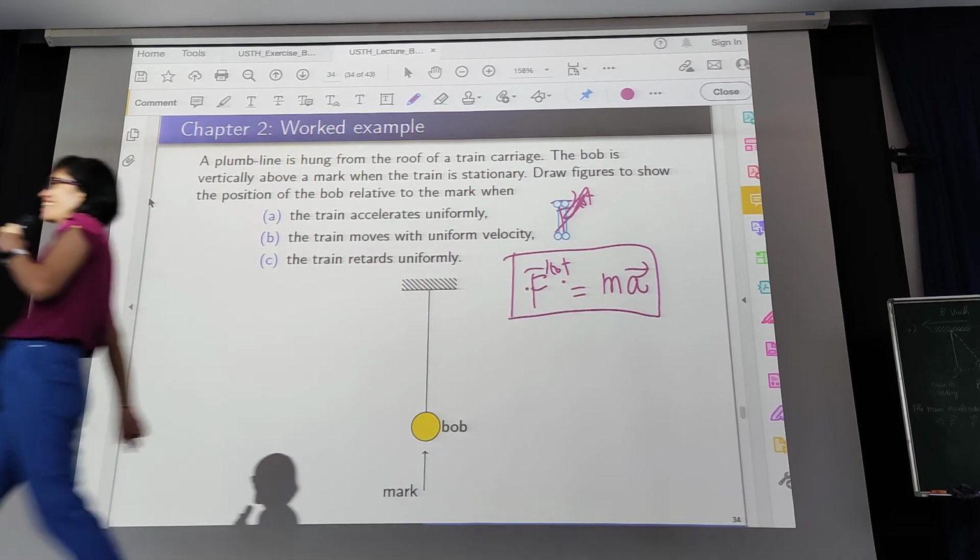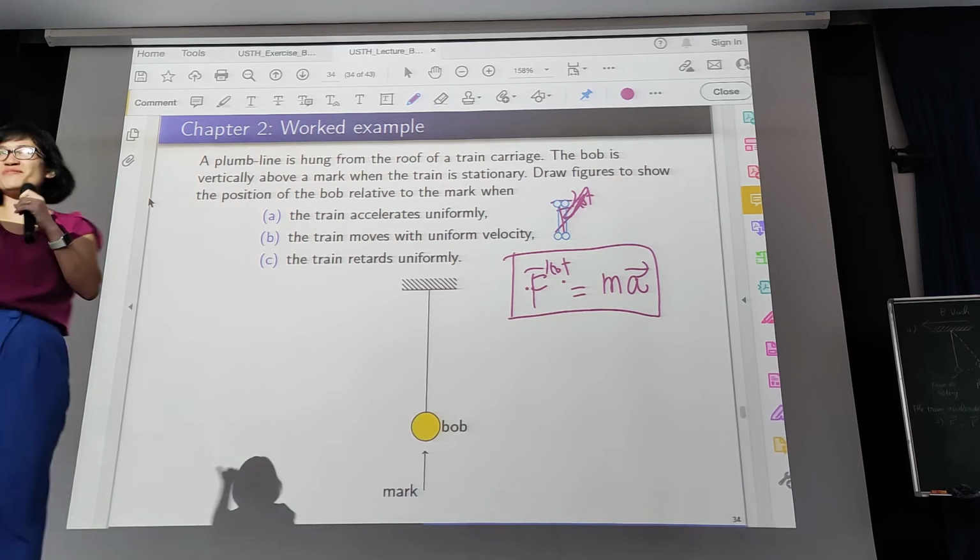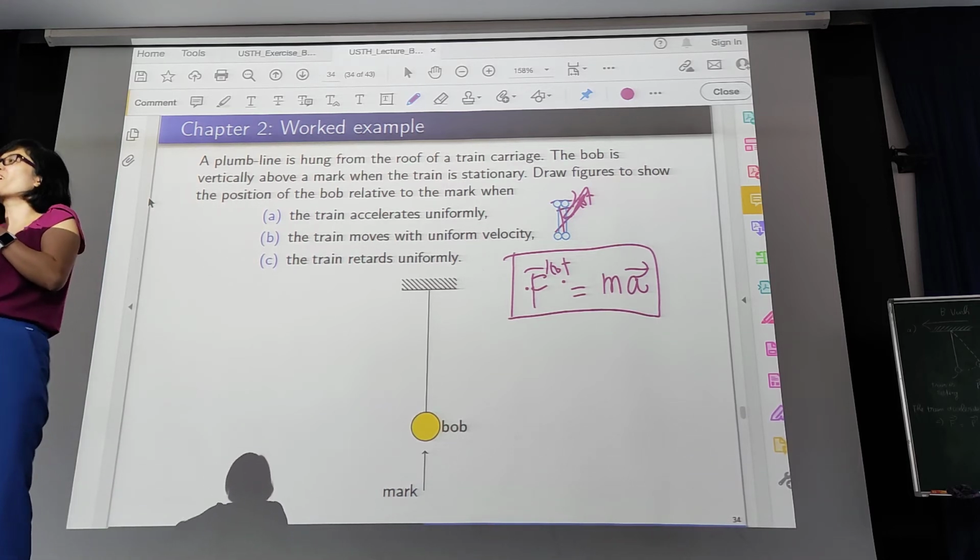I think because the train now is accelerating, the direction of moving is opposite to the direction of the force, the acceleration. So I think in this case, the train should move to the left, so it will be correct. Okay. If you assume the train goes to the left, then the bob also goes to the left.